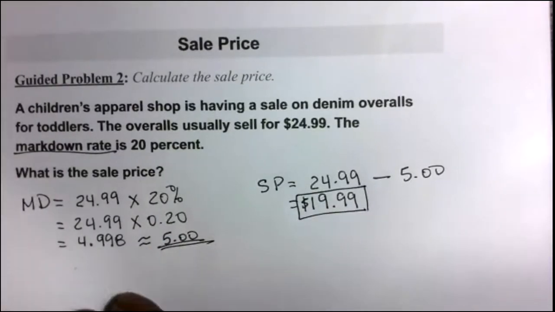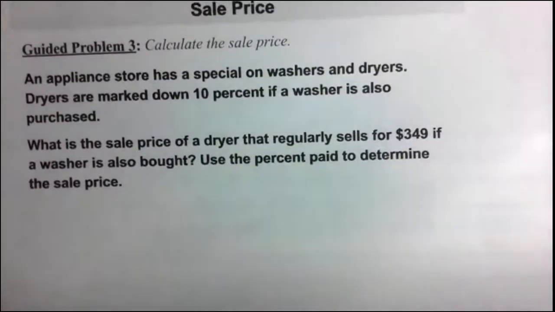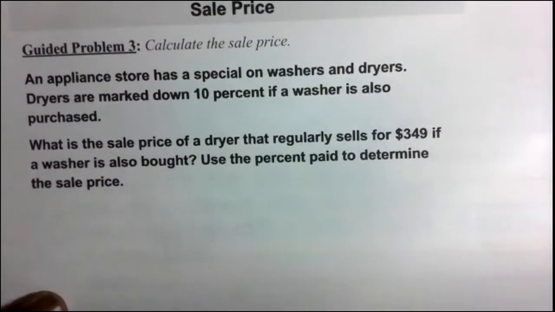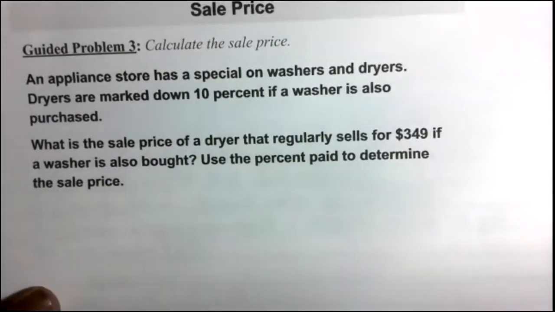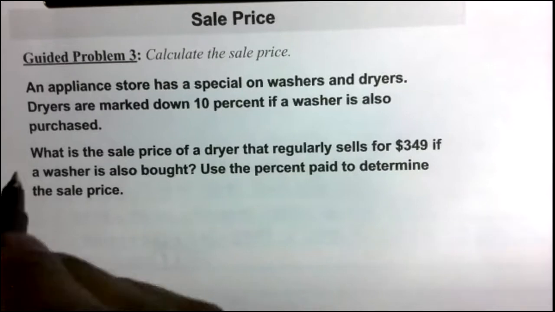So let's look at the last example before I give you something to do. This one is a little bit different. It's the same approach, just a slightly different way. You can approach it either way, but I want to work it both ways so that you understand.